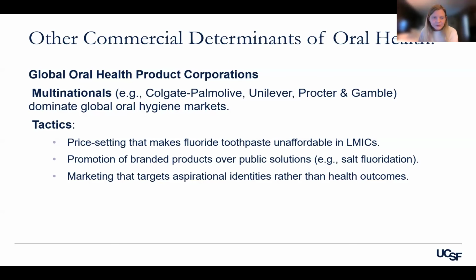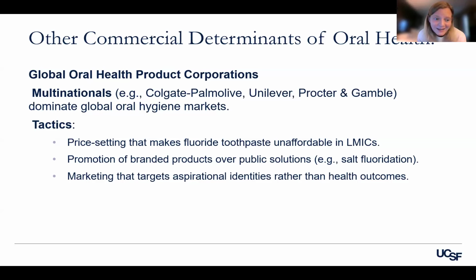And then I just wanted to finish out by thinking through other potential commercial determinants of oral health. So we went deep on sugar, but we could do the same thing for other corporations that have an interest in oral health. So we could think through global oral health product corporations, so multinationals like Colgate-Palmolive, Unilever, Procter & Gamble, which dominate the global oral hygiene markets.